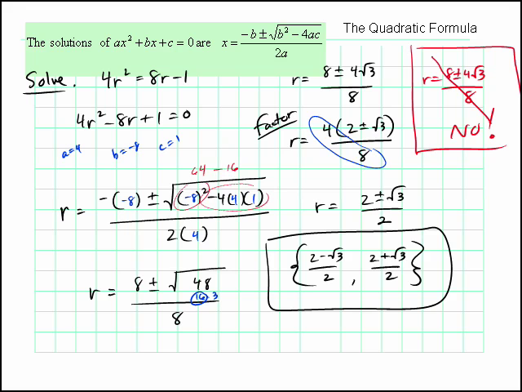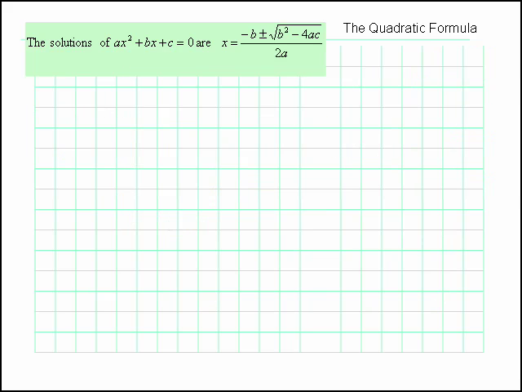Let's try another one like this. Let's look at this one now. x squared plus, let's solve here, x squared plus x over 3 equals 1 over 6.